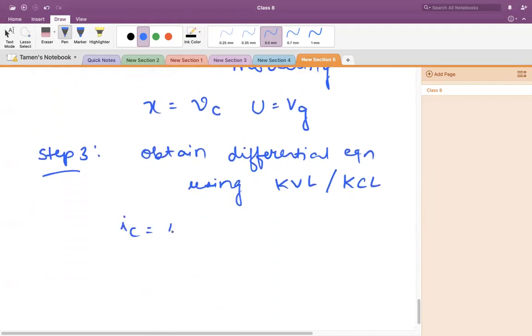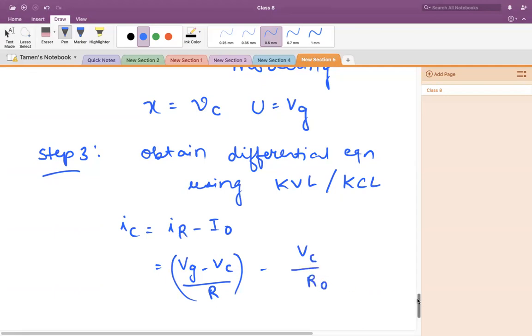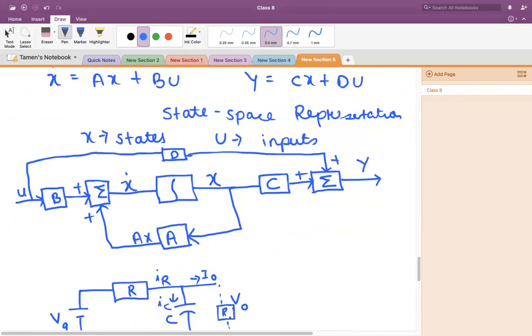IC will be equal to IR minus I0, where IR will be equal to VG minus VC by R, and I0 is equal to VC upon R. This is suppose R and this is R0 we are considering.